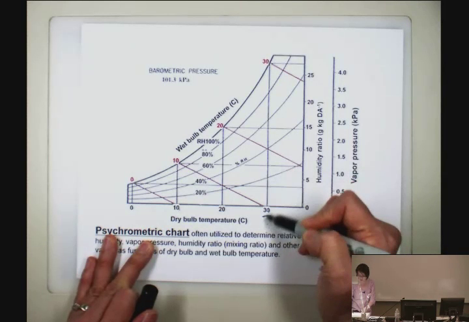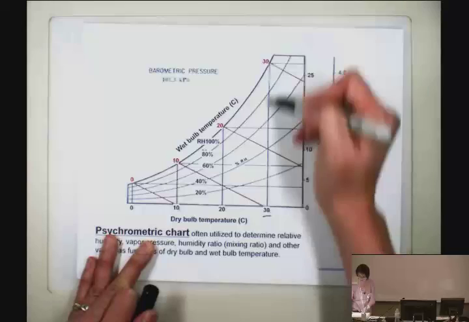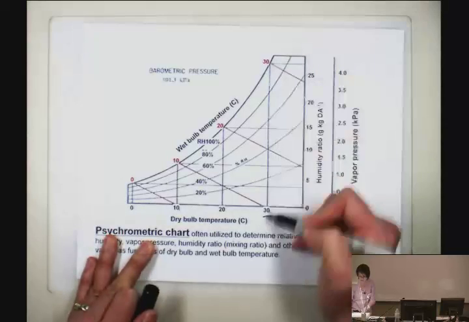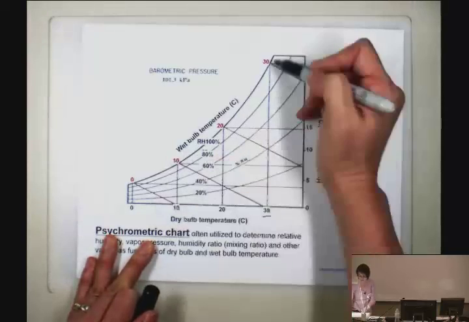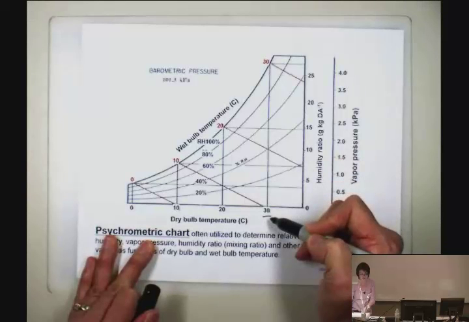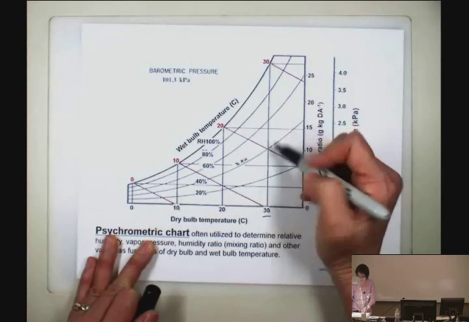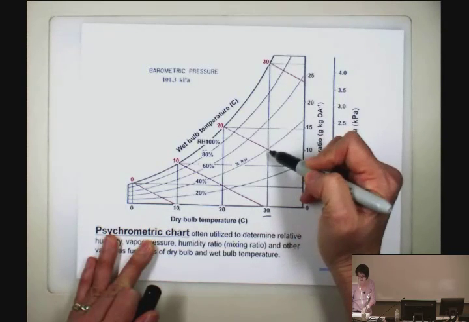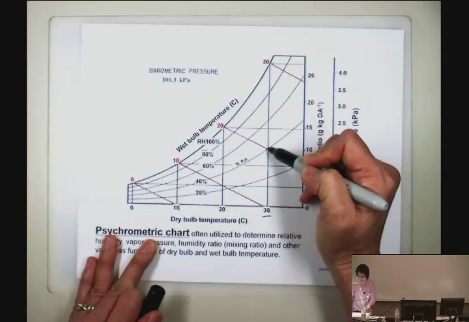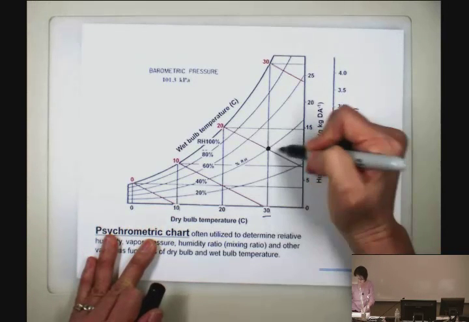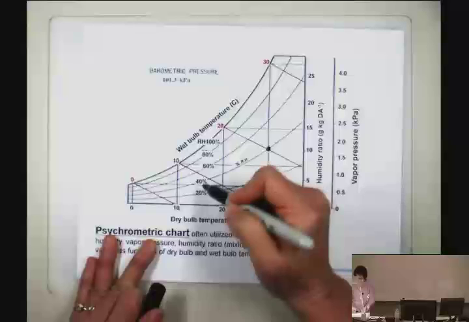The 30 degrees C line is here, because this is 20, this is 10. So this is the 30 degrees C line, dry bulb temperature, so the air temperature. And then I can find the intercept or the coordinate of the temperature and humidity. In my case, it's 40%. So this is my point. That's 30 degrees C and 40%.